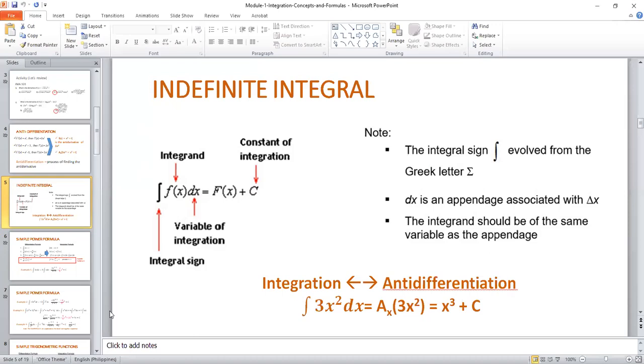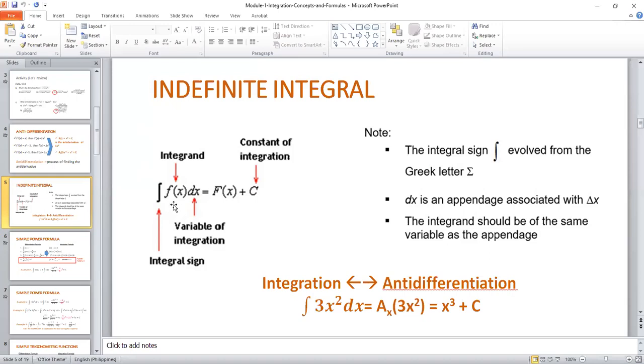So in the case of the indefinite integral, since it doesn't have the limits, it will always have a plus c after you're done evaluating the given integral. It will always have what we call the arbitrary constant of integration. So whenever a function of x is integrated, you will also have a function of x as an answer.